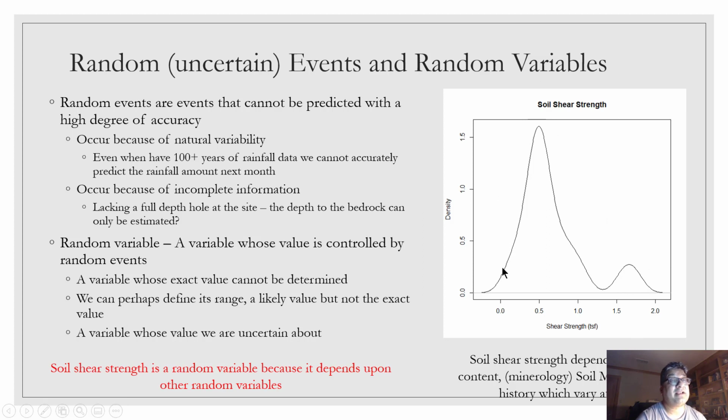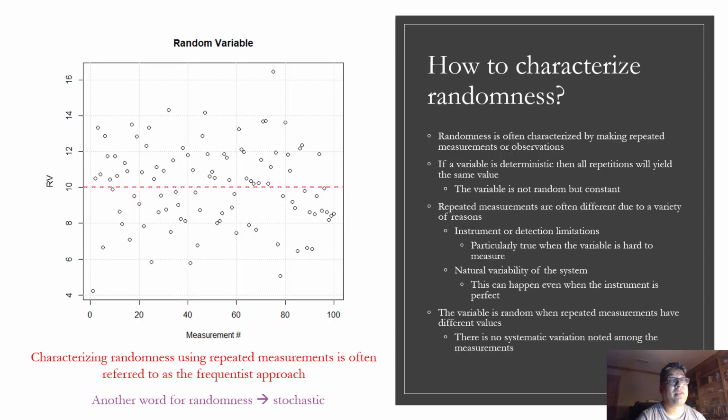So we can characterize some aspects of that random variable at the site, but we can never predict with a high degree of accuracy what the number is going to be, because even if we predict the most likely value to be 0.5, there are quite a few samples which greatly exceed that 0.5, so we could be way off in our prediction.